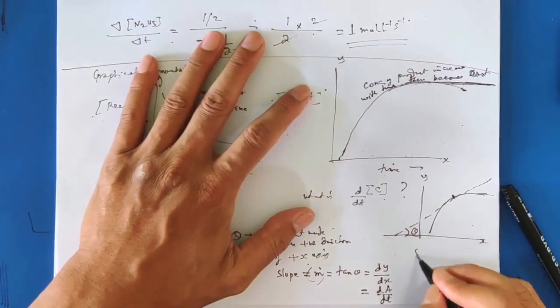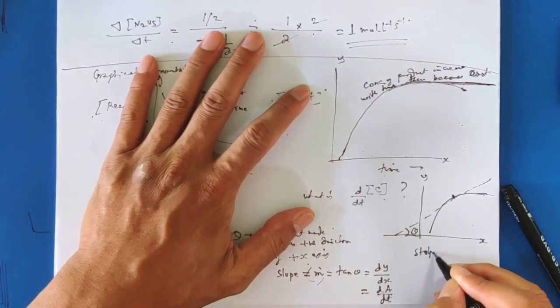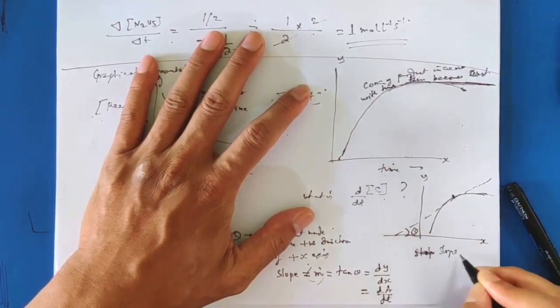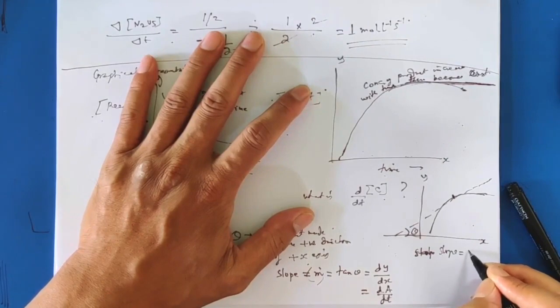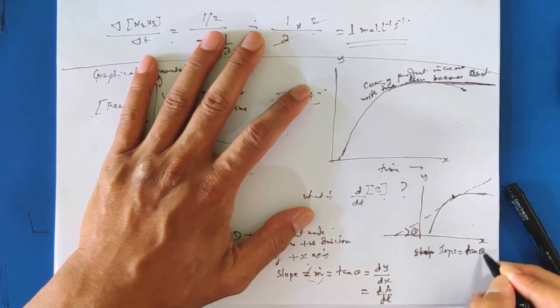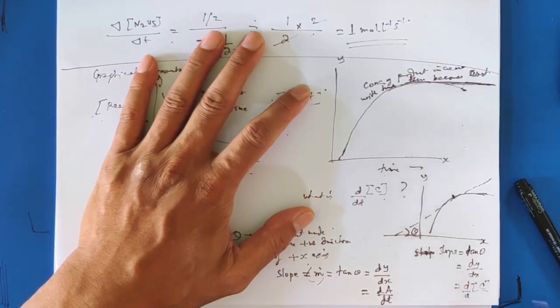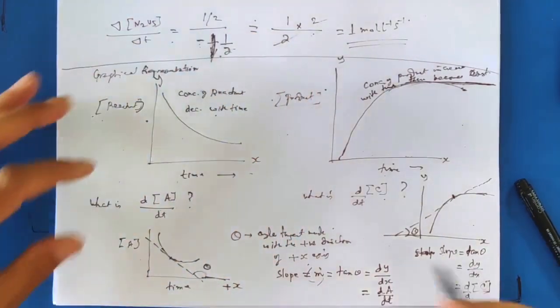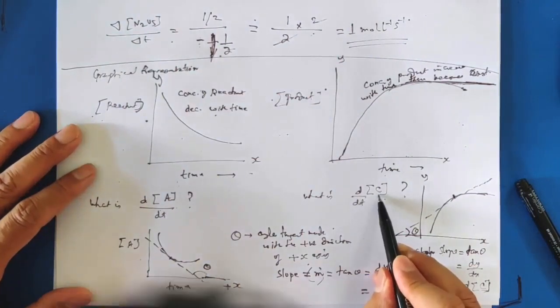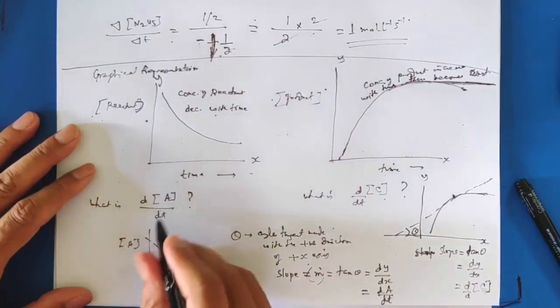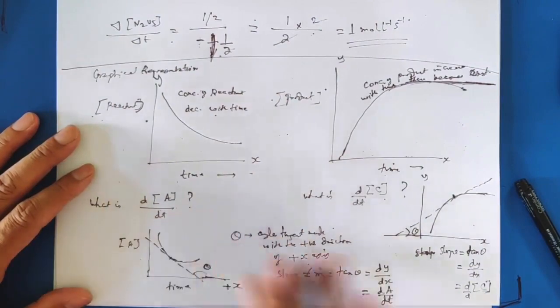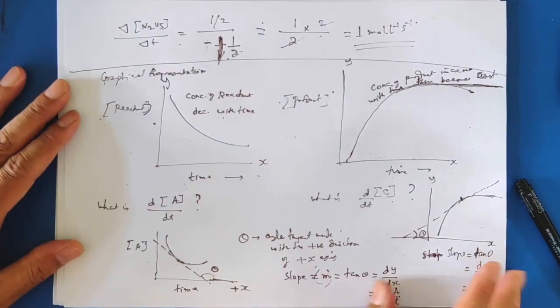Then again, this is a slope, which is tan theta. This is the same as dy by dx, which is d by dt of the concentration of C. It is the slope of the tangent.